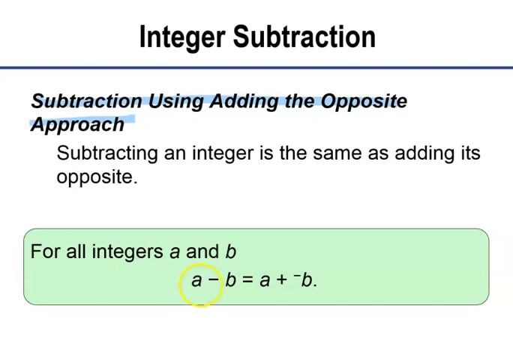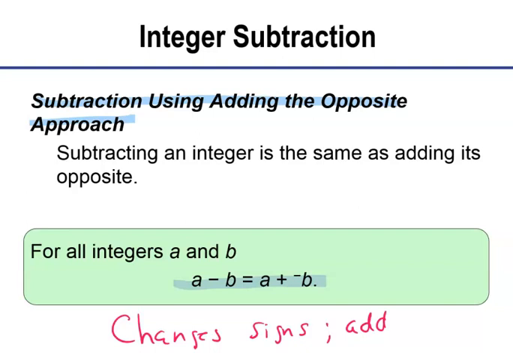So if you have a subtract b, you rewrite that as a plus a negative b. We often say change the signs and add. And that sounds familiar to you, because this is the model that you used for integer subtraction.